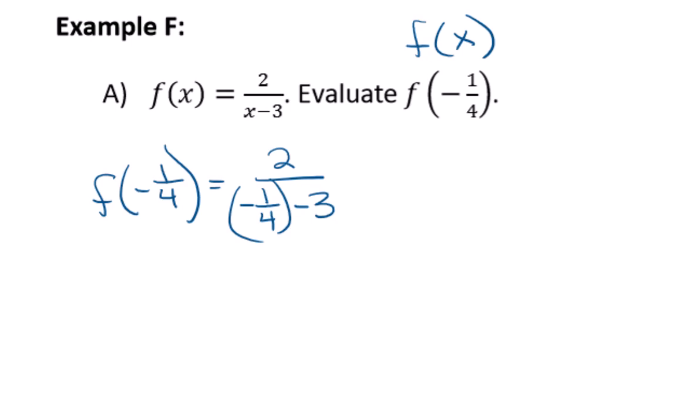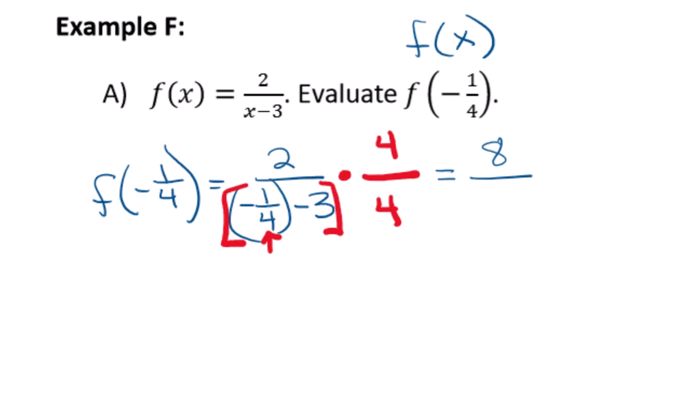So we can multiply the top and bottom by this denominator of 4. So if we multiply the top by 4 and the bottom by 4, remember we have to distribute. So everybody in the denominator and the numerator will get multiplied by that 4. So in the top, 2 times 4 gives us 8.